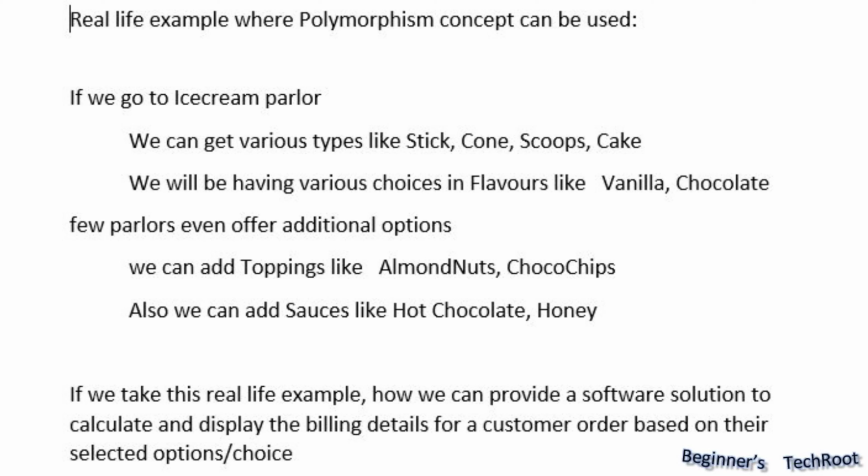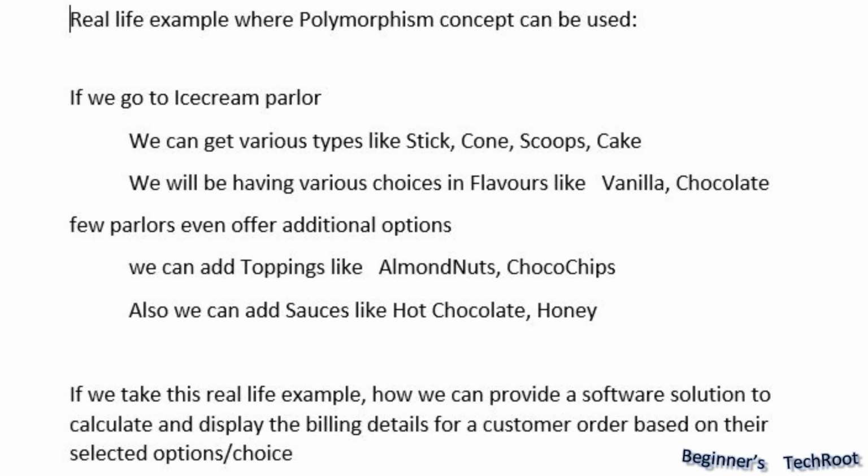The customer can select various options, and based on that selection, we need to do the calculation. Depending on the choices, the price will vary, since adding toppings or other choices automatically makes the price higher. Based on that, we need to add the various values to calculate the price.